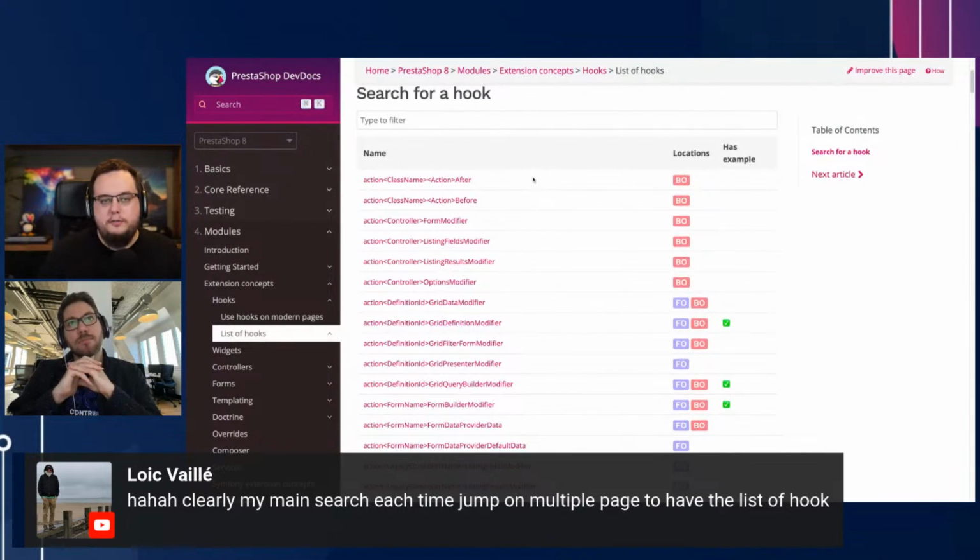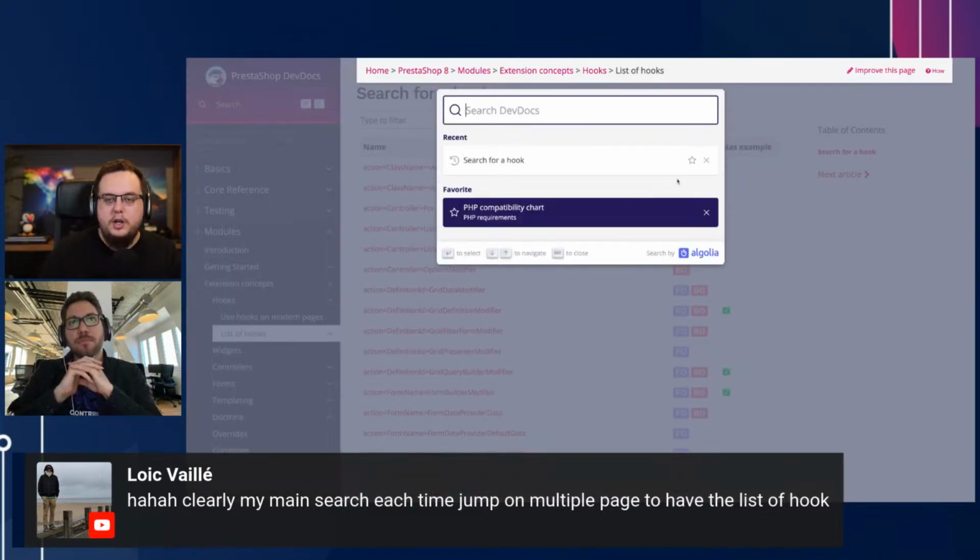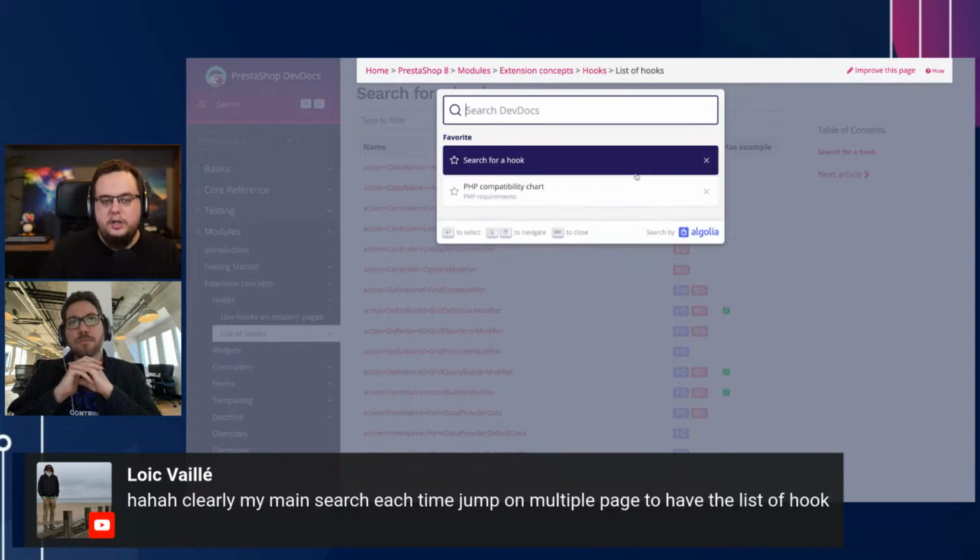But if I don't want to type the list of hooks over and over again, I can just go back to the search and click this star icon there, and it goes to my favorites. So every time I open the search bar, I will have those favorite results saved in my browser's settings. So it is really useful. If you have some pages that you are always looking for in the documentation, it's worth saving them to the favorites.